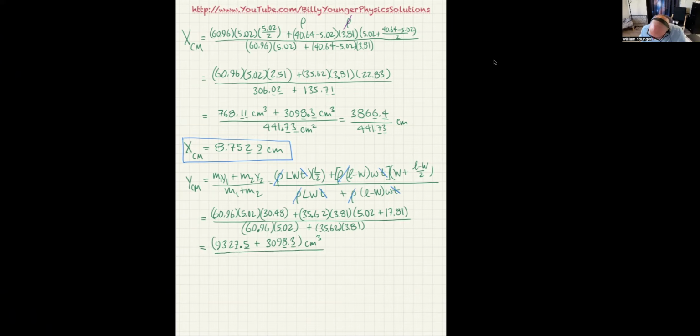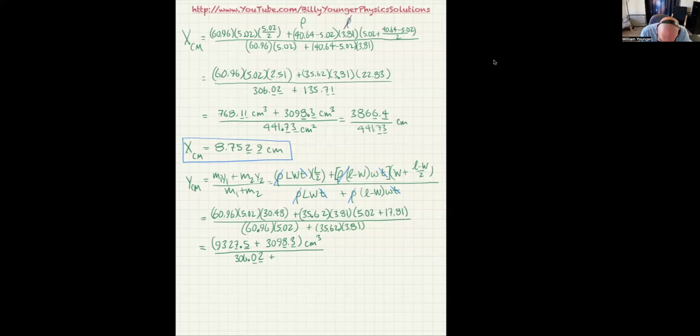And then down at the bottom, 60.96 times 5.02 is equal to 306.02. And that was 3 sig figs times 4 sig figs. So we're basically just getting 3 sig figs there.